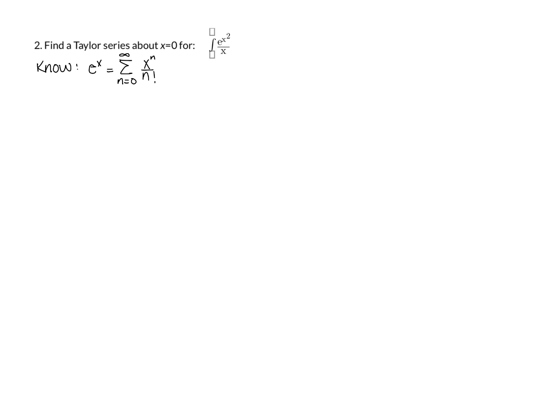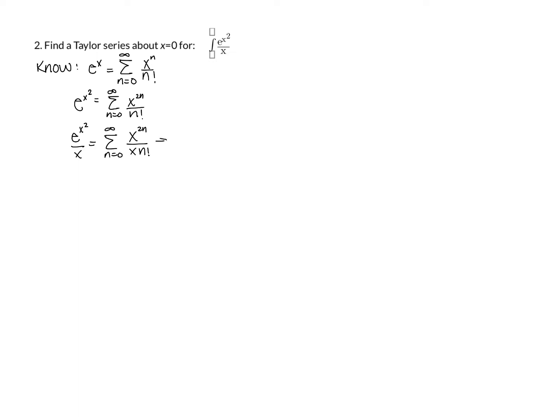Okay, and if we plug in e to the x squared, we get this series that looks like this. And again, if we then do e to the x squared over x, we get the series n equals 0 to infinity of x to the 2n over x times n factorial.